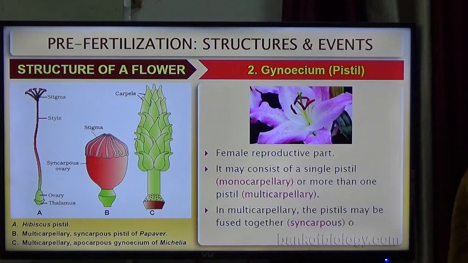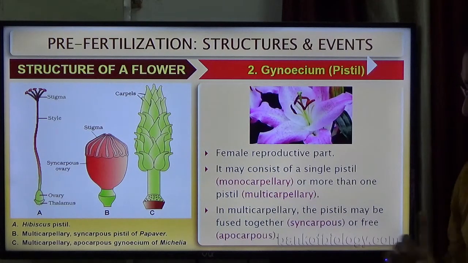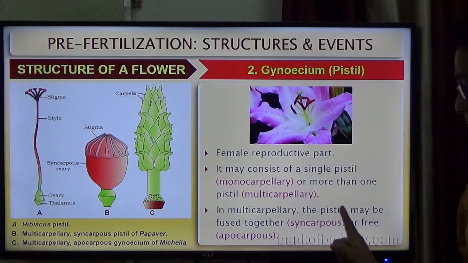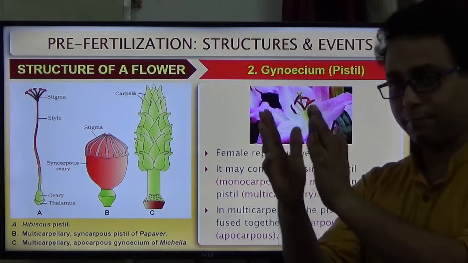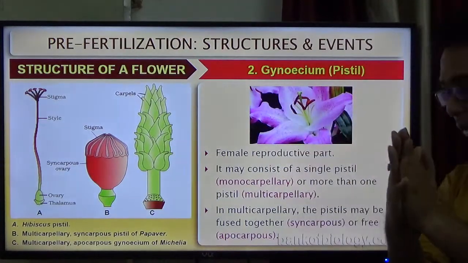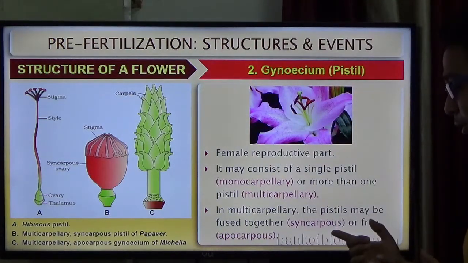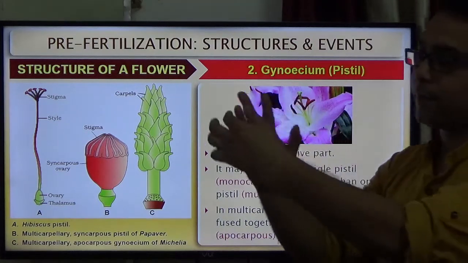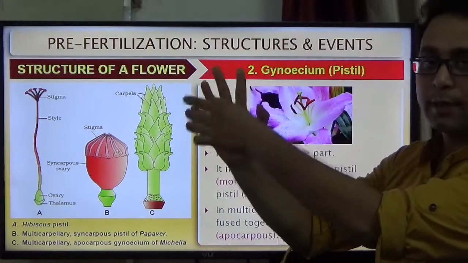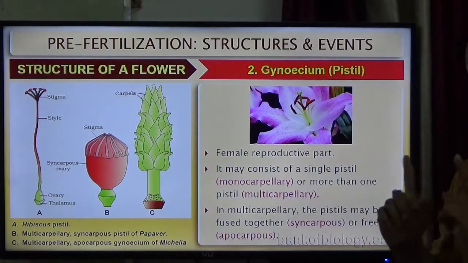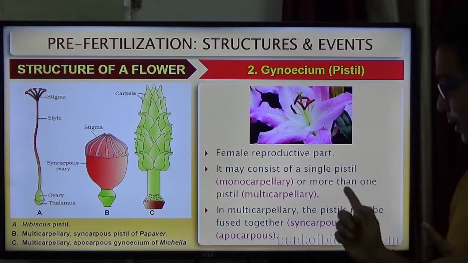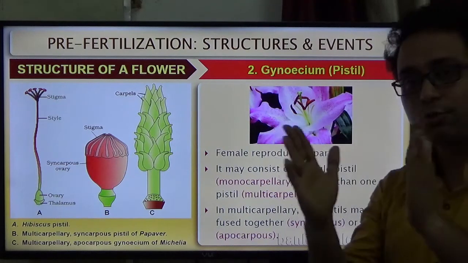In multicarpellary, a very important topic, the pistils may be fused together. That means they are fused together, it is called syncarpous. Or the pistils are free, and that is called apocarpous. Apocarpous means free and syncarpous means fused together.